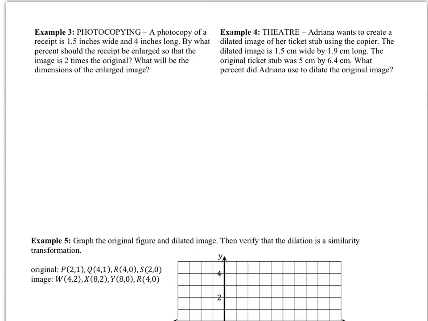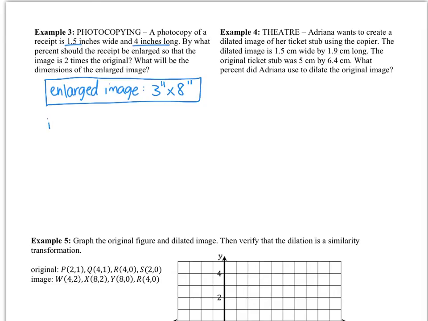So when you're doing twice the original, we can just go ahead and figure out the dimensions. You're just going to double them each. So the enlarged image is just going to be double that. So it's going to be 1.5 times 2 is 3 inches by 4 times 2 is 8. So 3 by 8.